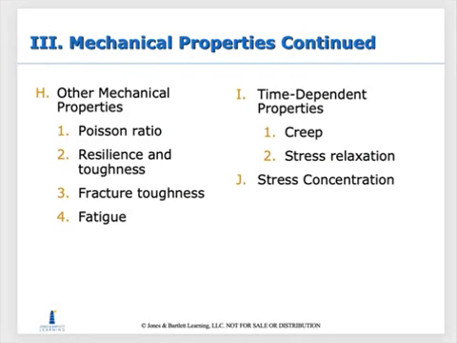Okay, and then we're going to talk a little bit more in depth about other mechanical properties. Poisson ratio, resilience and toughness, fracture toughness and fatigue, and then our time-dependent properties, which include creep and stress relaxation and stress concentration there.